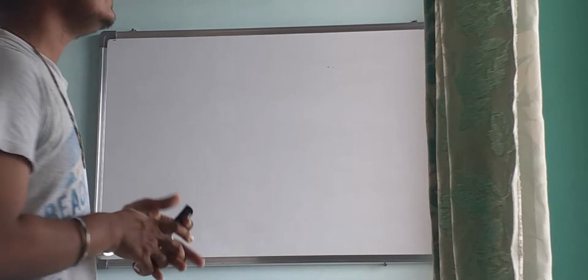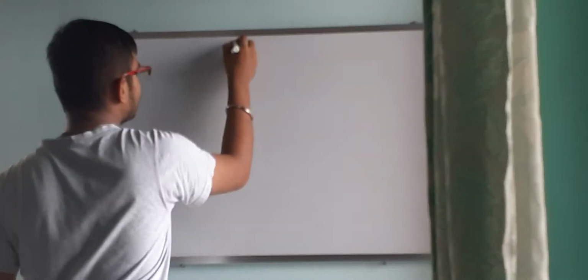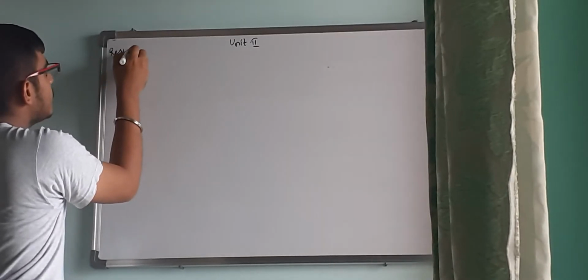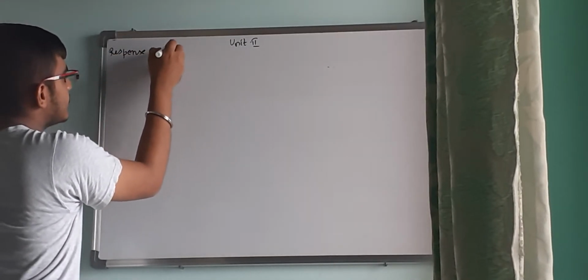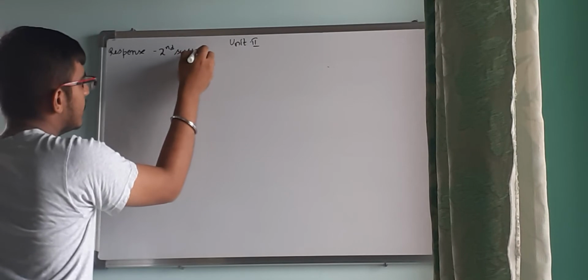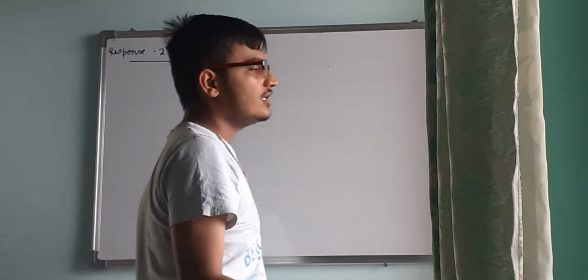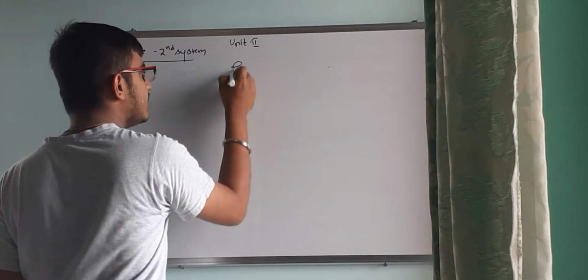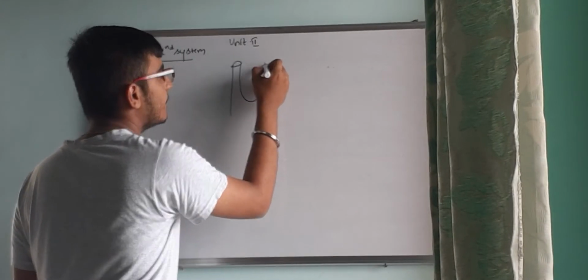So now we will be starting with the second unit, in which we will be discussing about response of second order system. Here, first topic, response of second order system, where we will be considering a U-tube manometer as a second order system.